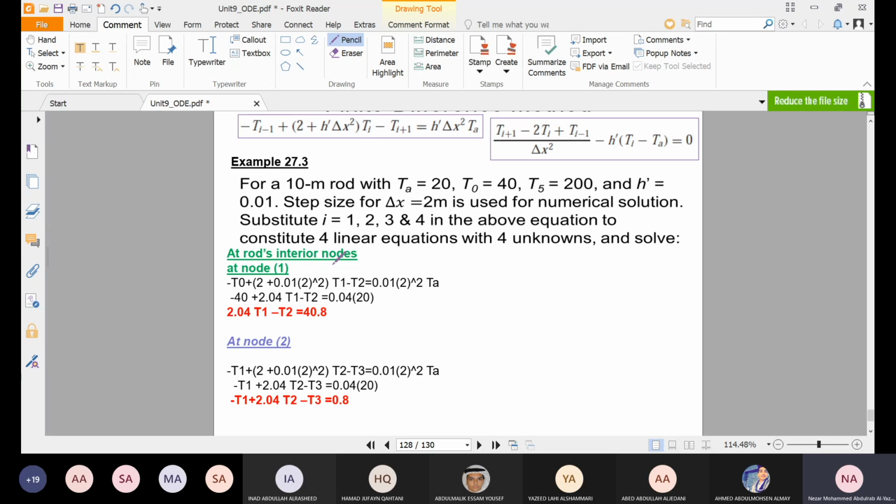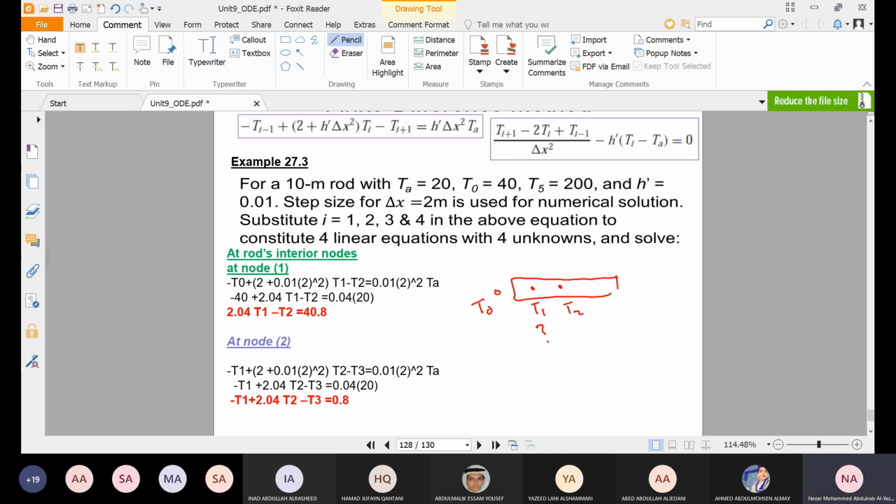Here, for the inner nodes, we have this for the first node, how we can compute this one, and we substitute the values. After that, we finalize with this equation. Then for the second node, to find temperature T2, we have this equation. And you can see, for each equation or each node, for example, this is T1, which is unknown, we use T2 and T0.